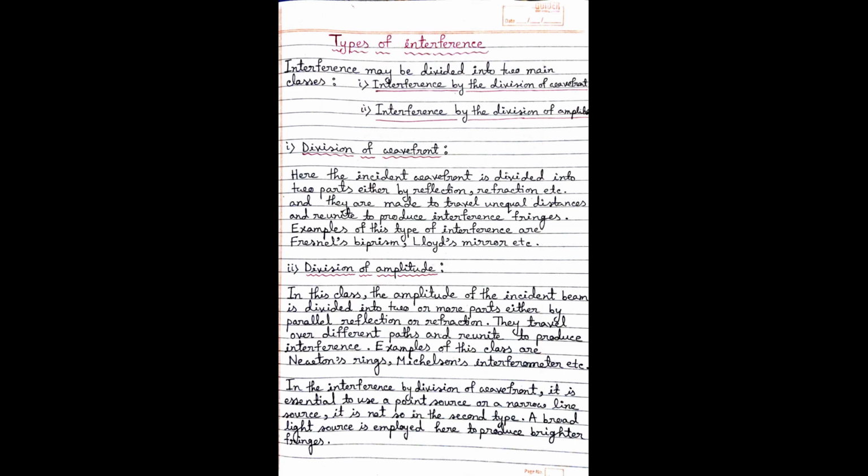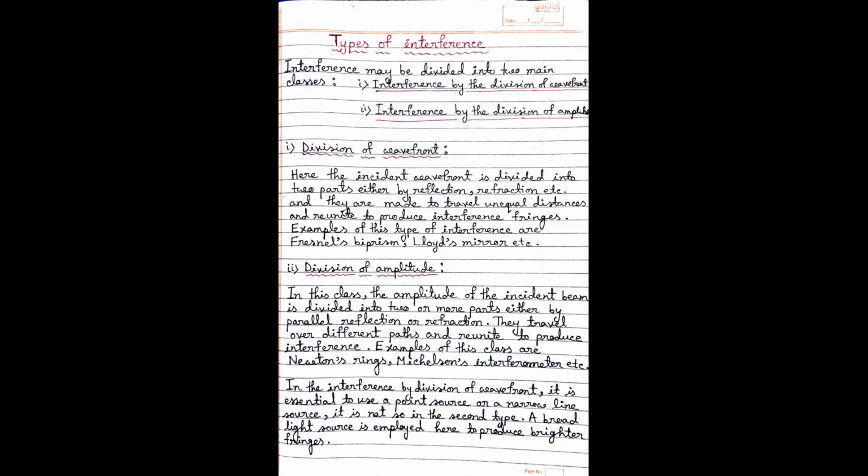Another class is the interference by division of amplitude. Here, the amplitude of the incident beam is divided into two or more parts by parallel reflection or refraction. Examples of such type are Newton's rings and Michelson interferometer.